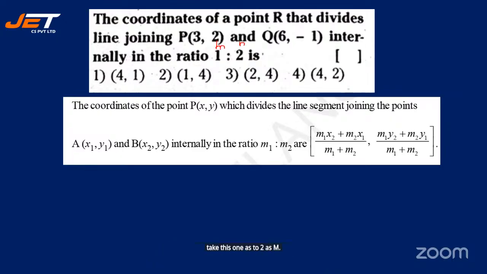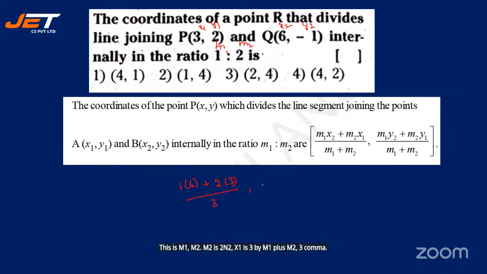This is n. This will be x1, y1, x2, y2. So m1 is 1 into x2 is 6, plus m2 is 2 into x1 is 3, by m1 plus m2, comma.